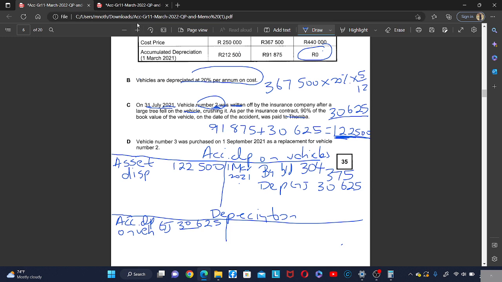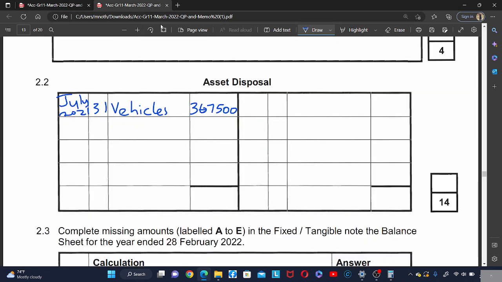So we know that if we record something on the debit, it must also be recorded on the credit side. So it's accumulated depreciation on vehicles.